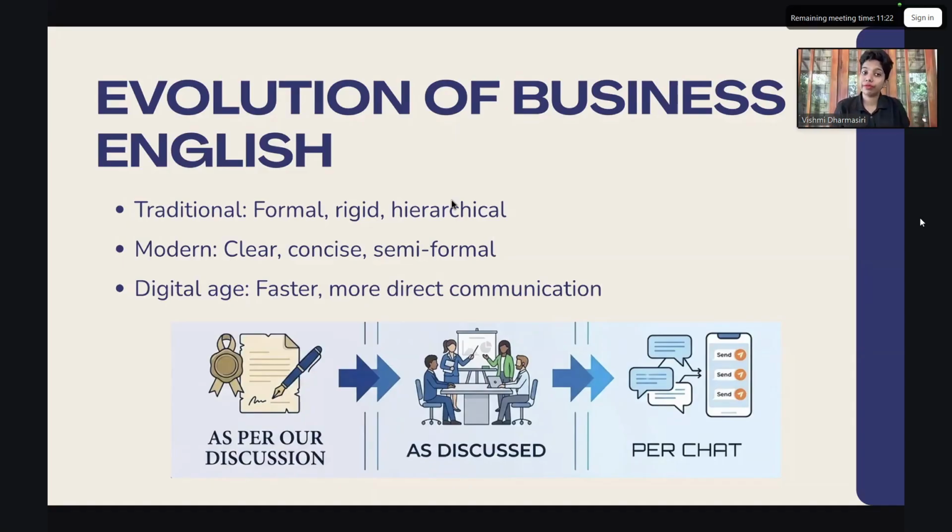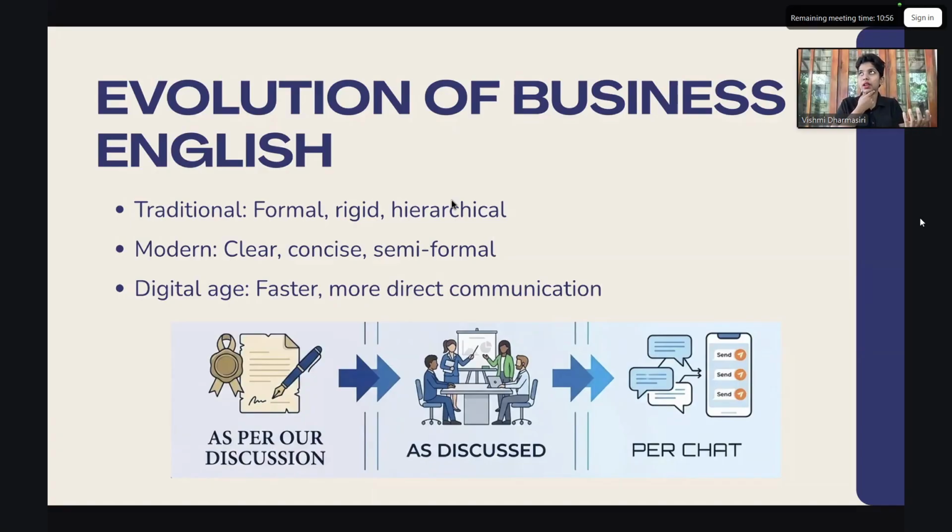The evolution of business English happened in a way that was not linear per se, but it was progressive. The traditional business English was formal, rigid, and hierarchical. That means it had a certain set of rules that people had to adhere to.